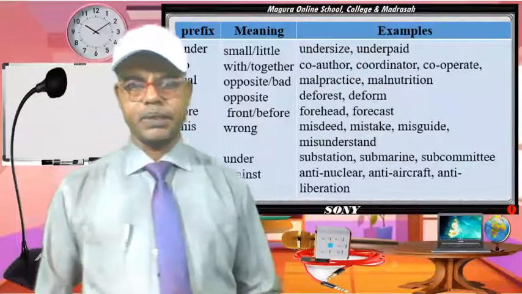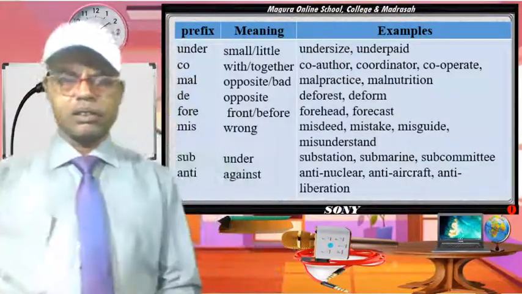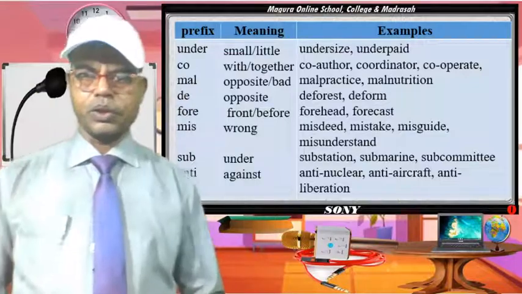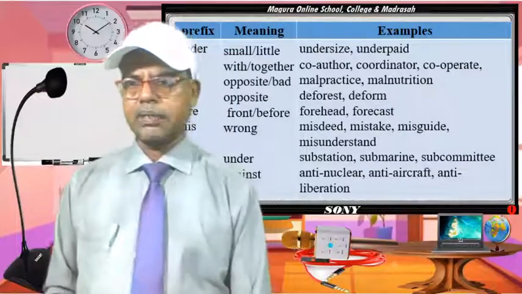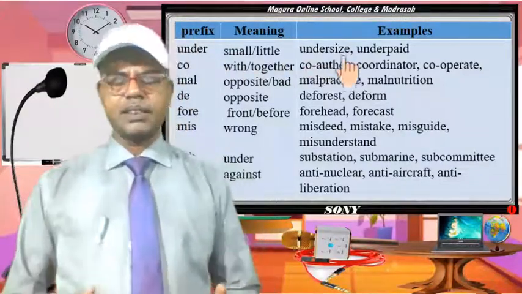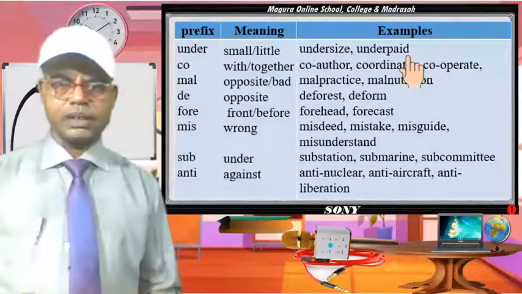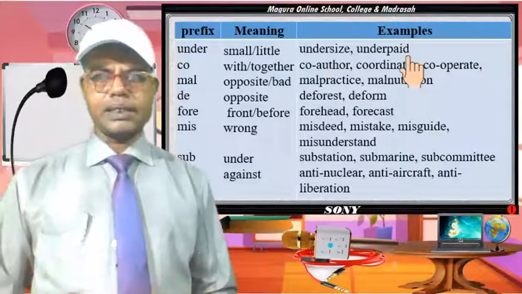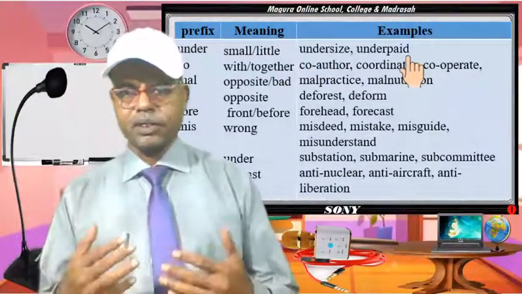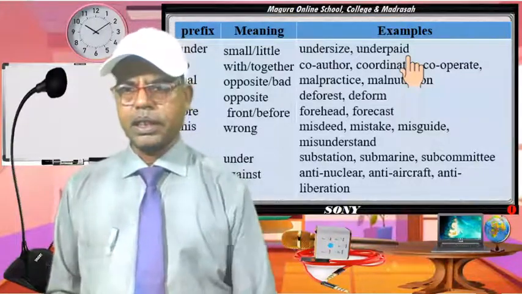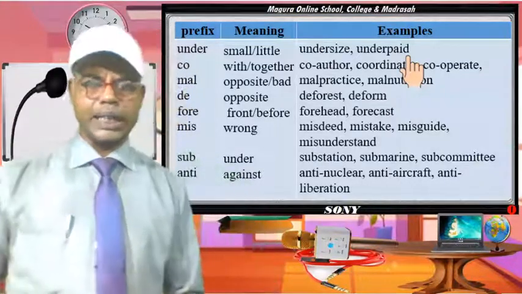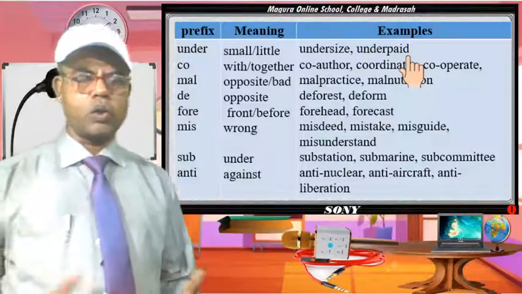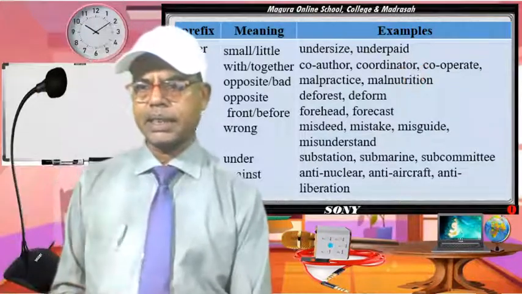Most common prefixes. This chart is also in your textbook. Okay? Here is under first. That means little or small. The undersize, please. You see the example. Then co, that means together. Co-author, cooperate, something like that.